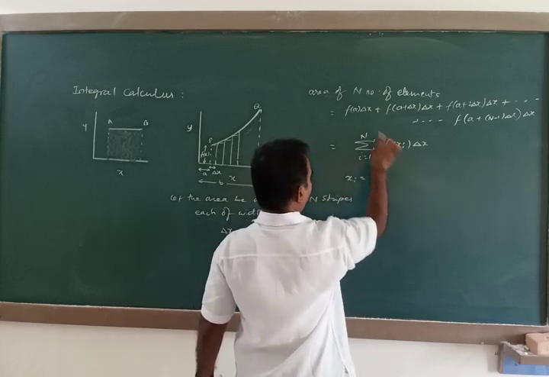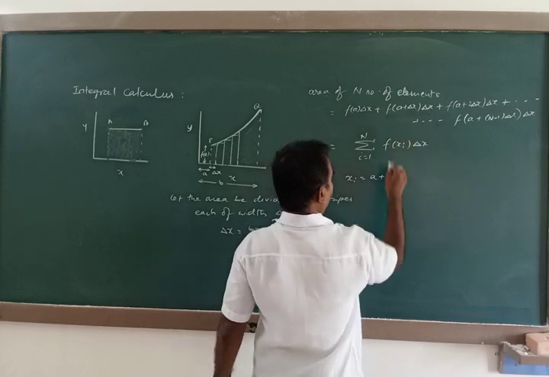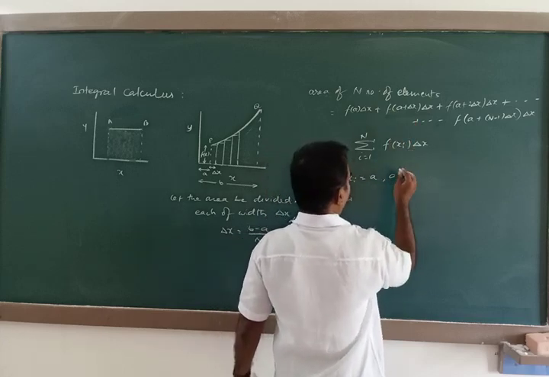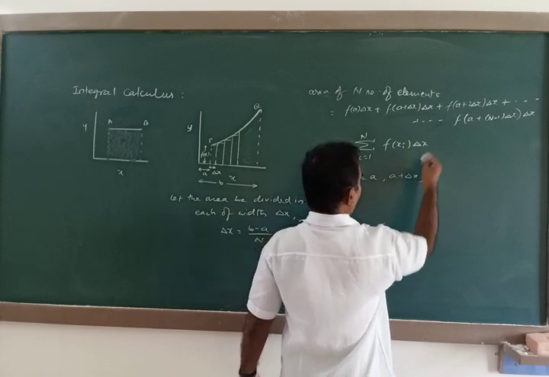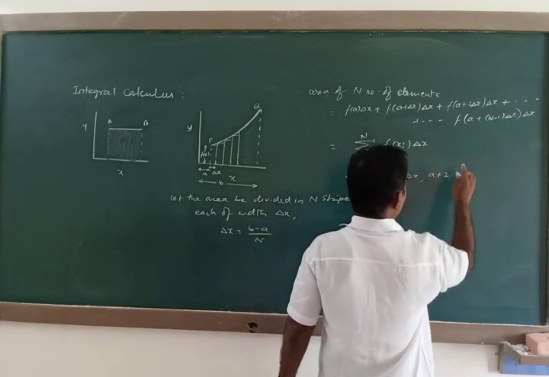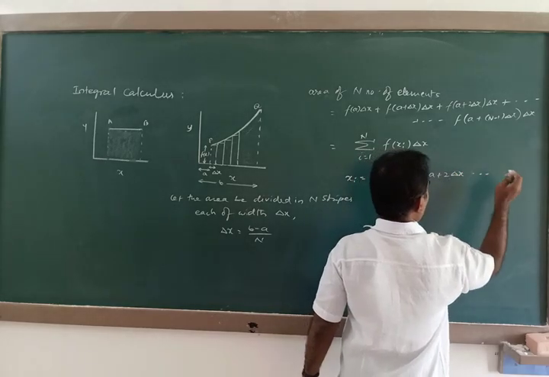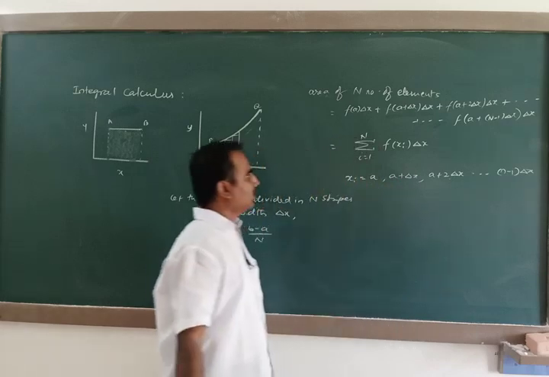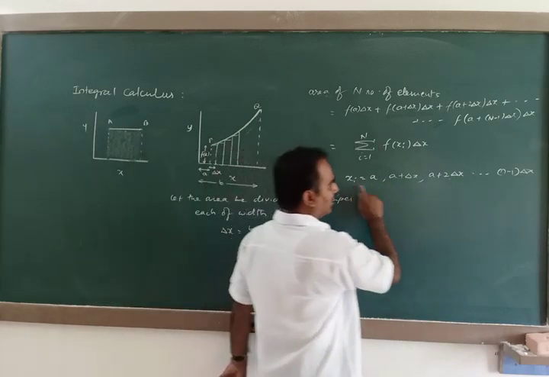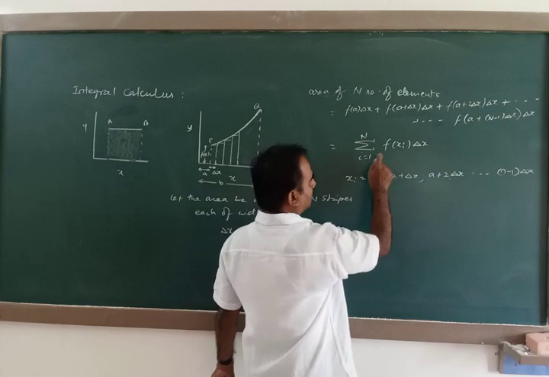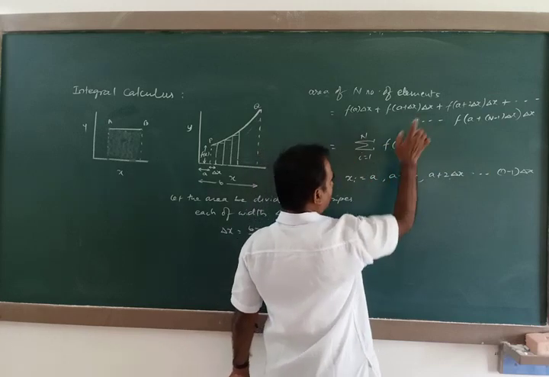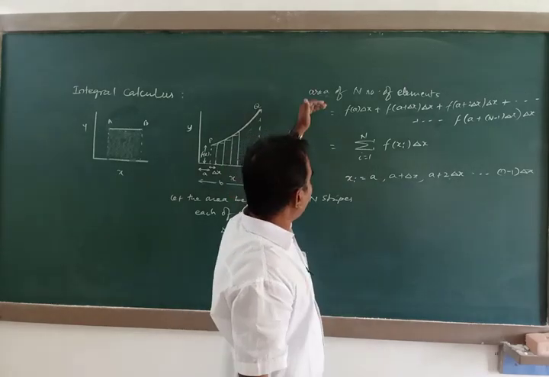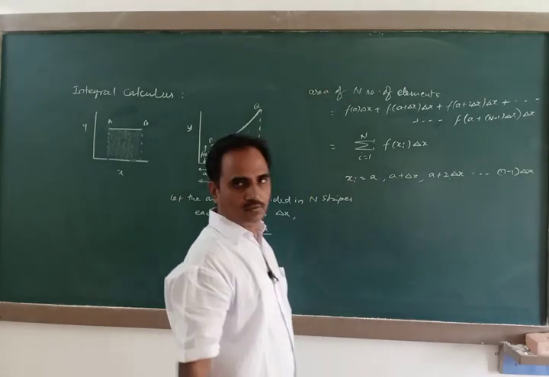This term x_i is nothing but here a, next a plus delta x, and next a plus 2 delta x, and so on up to a plus (n minus 1) delta x. So this x_i takes all these values. Now this summation can be mathematically written like this. This gives area of all n number of elements.